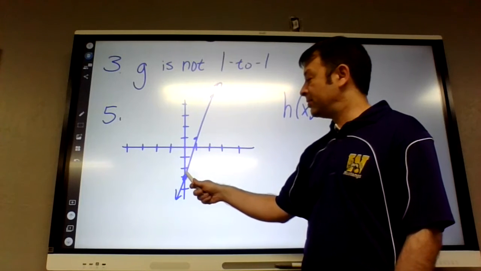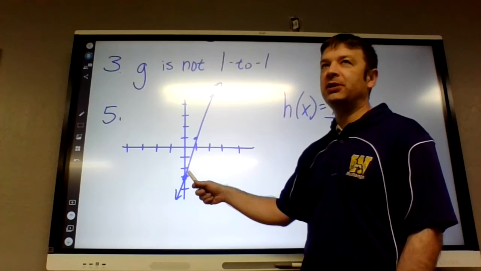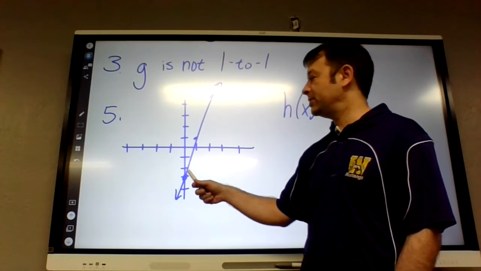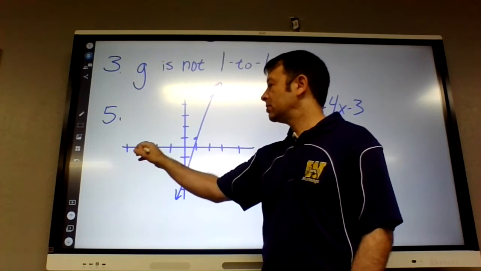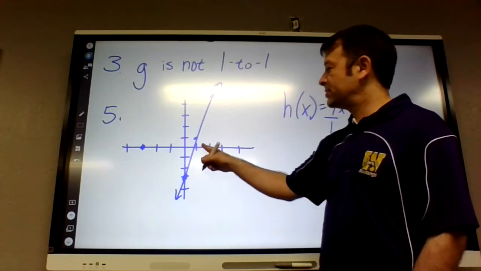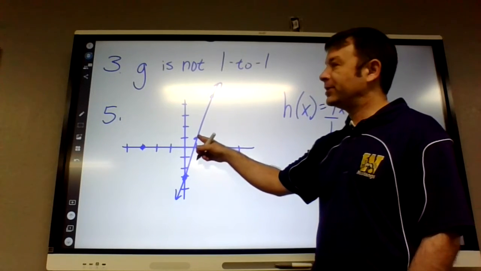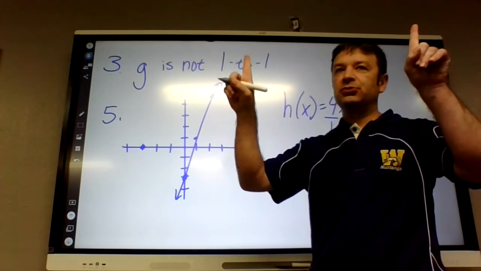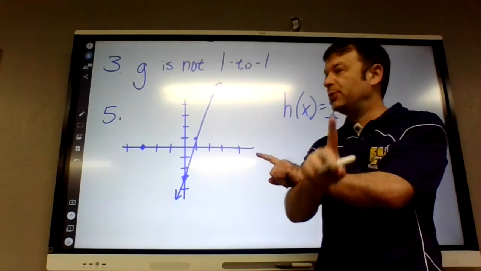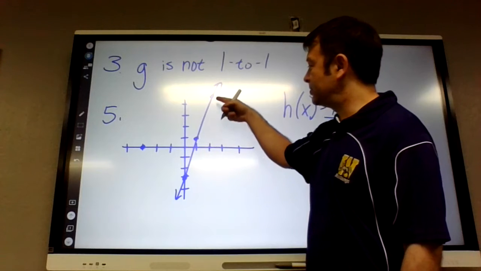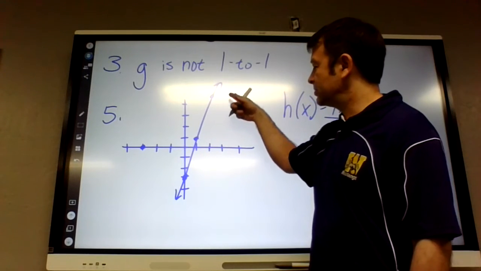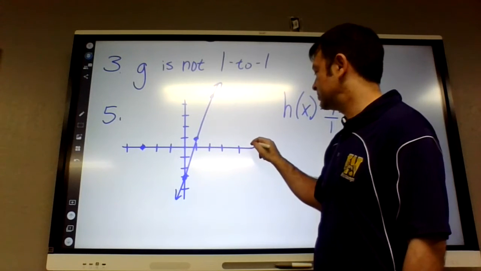So this is at (0, -3). So what's the inverse point for that going to be? (-3, 0). Okay, this is at (1, 1). What's the inverse point of (1, 1)? (1, 1). So it stays there. This is (2, 5). So (5, 2).